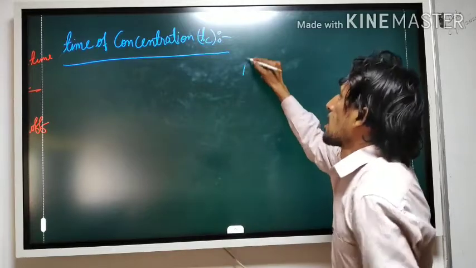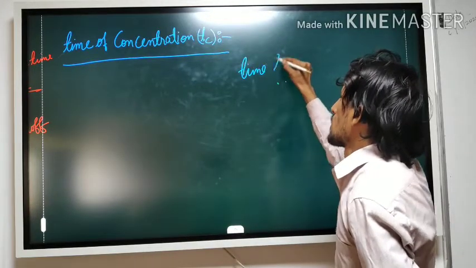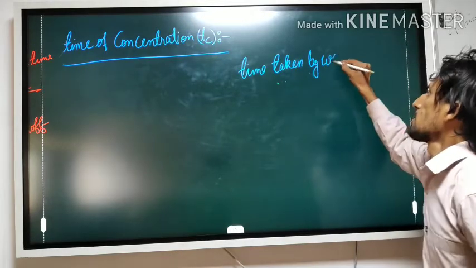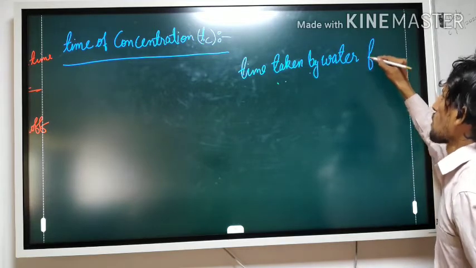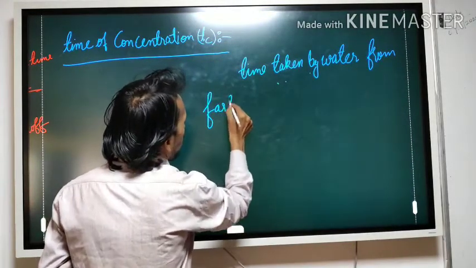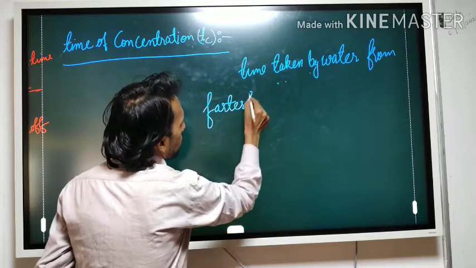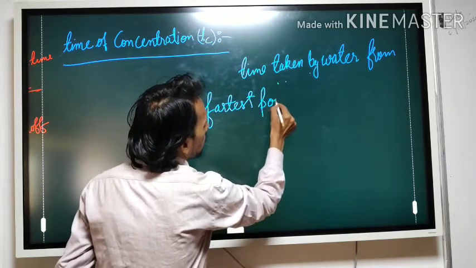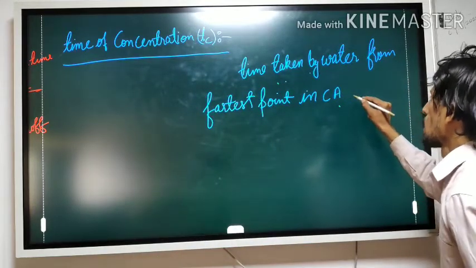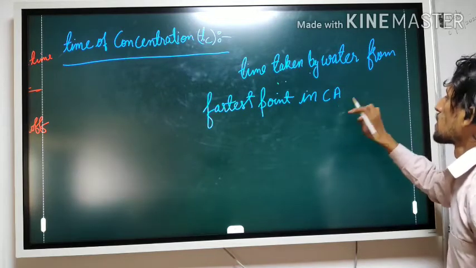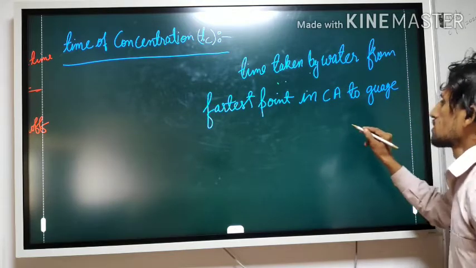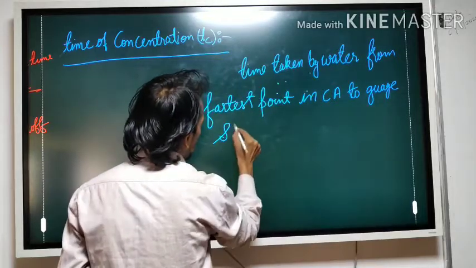It is the time taken by water from the farthest point in the catchment area to the gauge station.